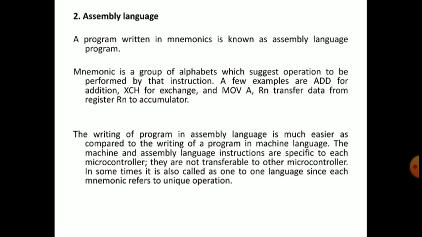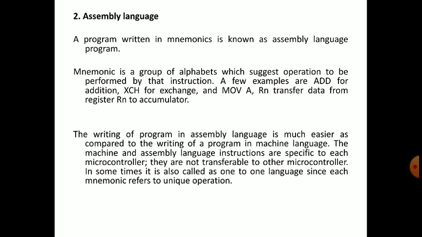But in assembly language, see the example MOV A, Rn, that is common English language, so it is much easier to remember, easier to rewrite, and we can reproduce it without any errors.